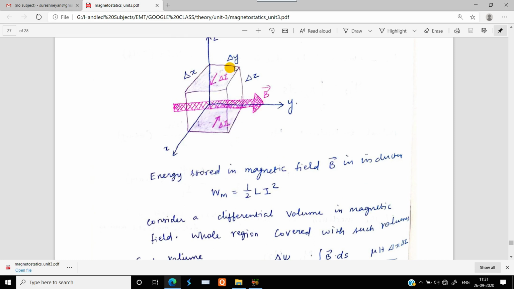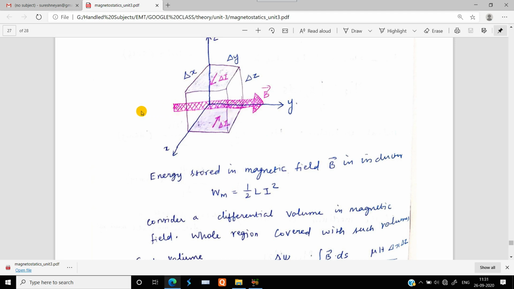So if this particular cube is being supplied with a surface current of del I, that is going to be on the upper and the bottom surfaces. In the upper surface we have the del I direction like this, and in the lower surface we have the del I direction like this.